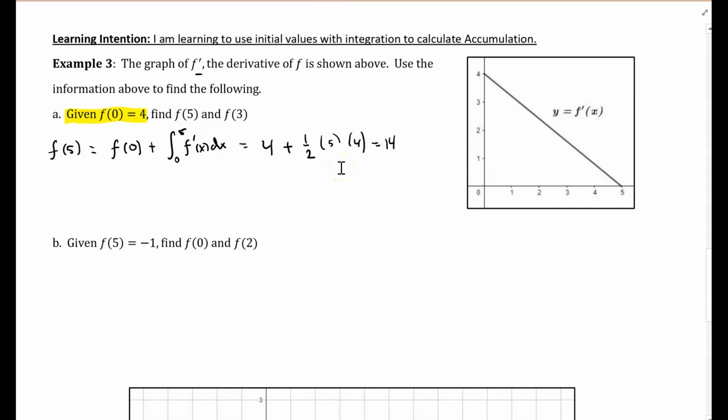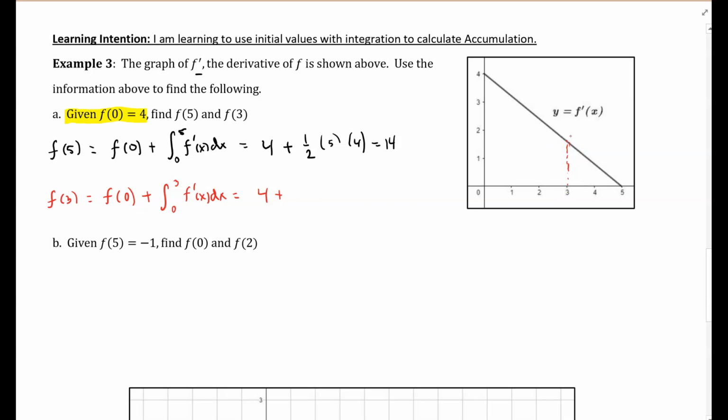Okay, next we have f of 3. So again, same structure. I'm going to take my initial value, and then I'm going to add the area from 0 to 3 of f prime of x dx. So we have 4 plus, now the area from 0 to 3, notice this is a trapezoid.